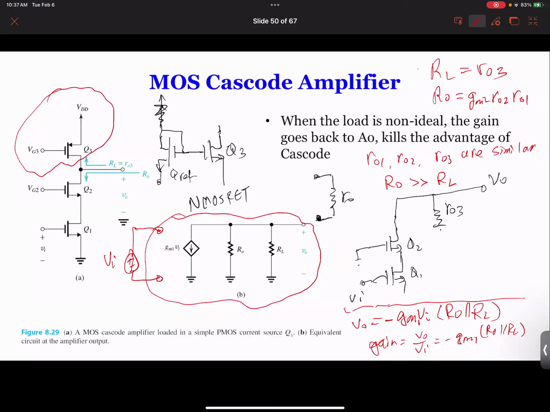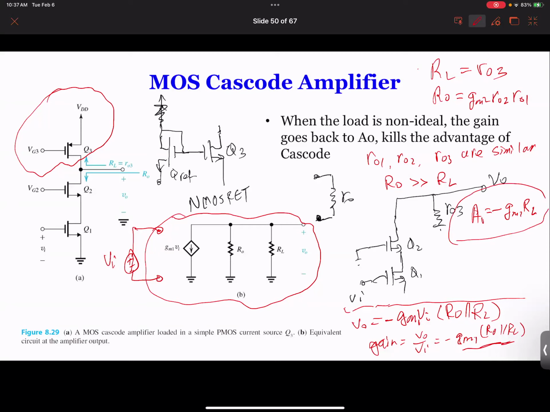So in this case, because RO is much larger than RL, look at the bottom, it's GM1 times RO in parallel with RL. Because RL is much smaller than RO, the parallel resistance is approximately RL. So this goes to GM1 times RL, which is RO3.